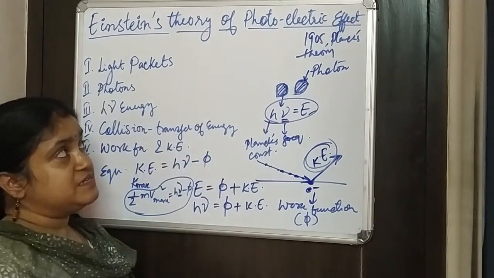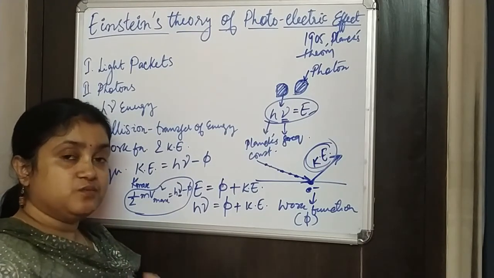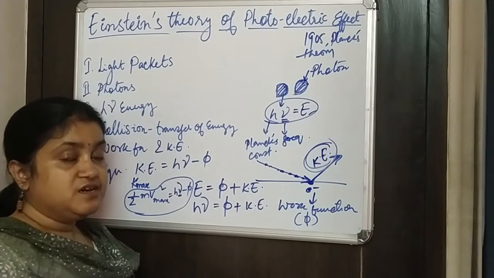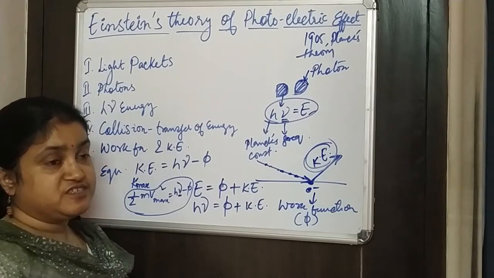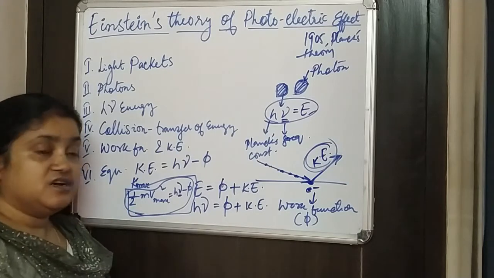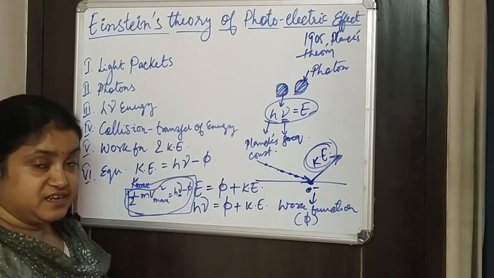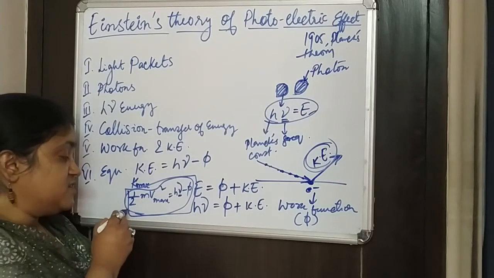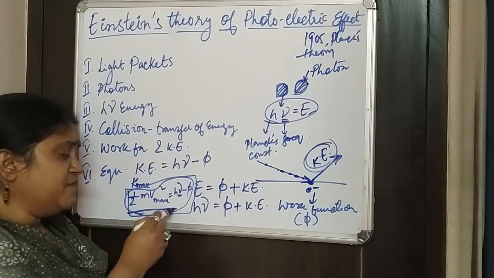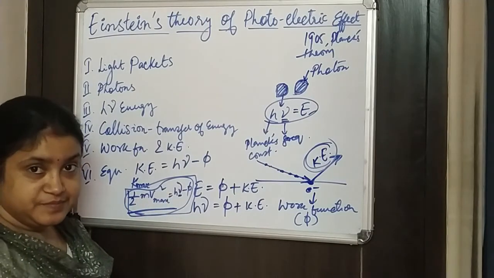This in general is explained by Einstein's theory of photoelectricity, and this is the equation that we get. This is called Einstein's photoelectric equation, which is half m v max square equals h nu minus phi.